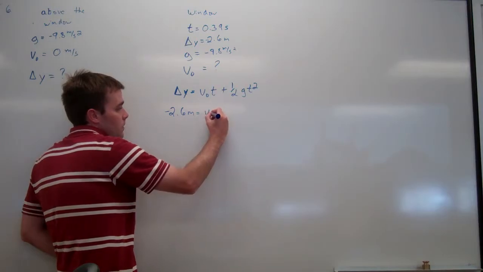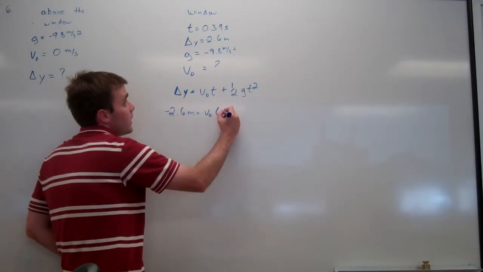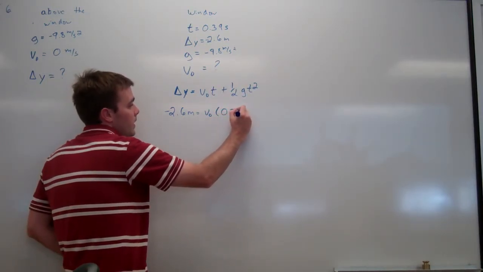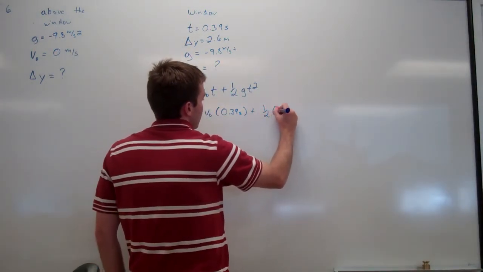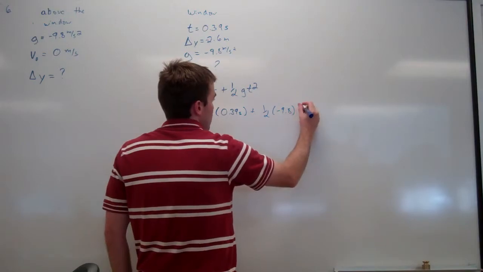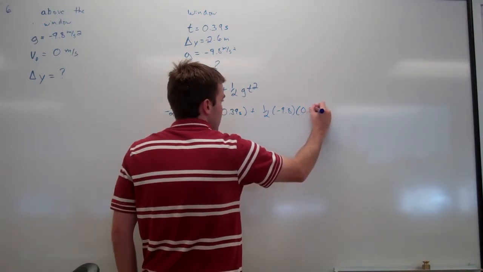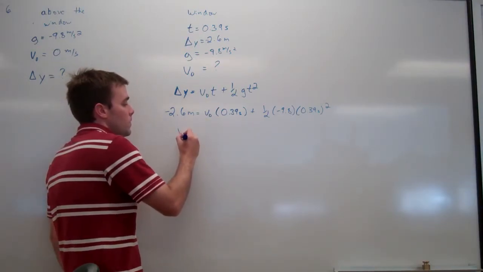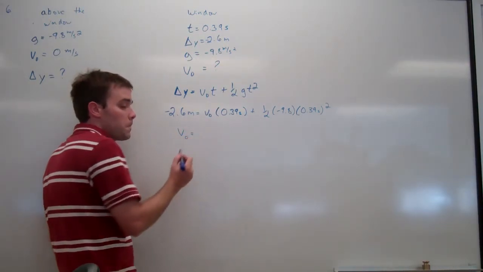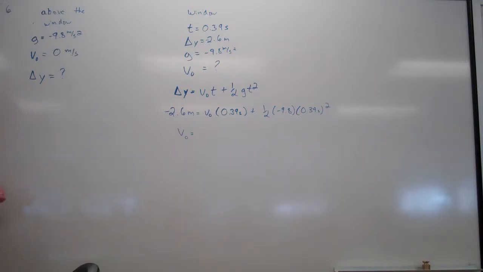We're looking for original velocity times 0.39 seconds plus 1/2 times negative 9.8 times 0.39 seconds squared. So we multiply that out, and what do we get? And divide, I guess, too. Yes.